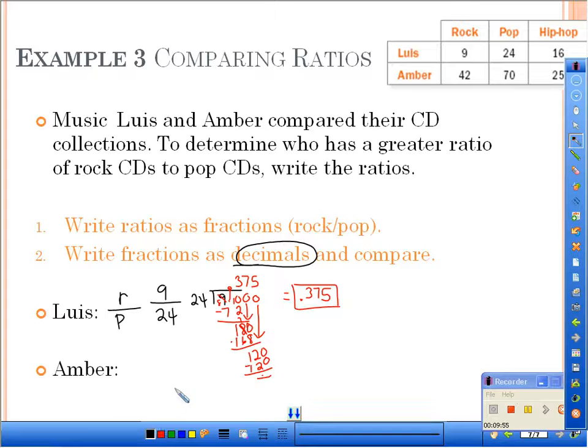Now let's look at Amber's ratio of rock to pop CDs. She owns 42 rock CDs, and she owns 70 pop CDs. Again, we're going to convert this to a decimal, and I'll do my work over here. 42 divided by 70. Add a decimal and a 0, and your decimal goes straight up. 70 goes into 420 6 times.